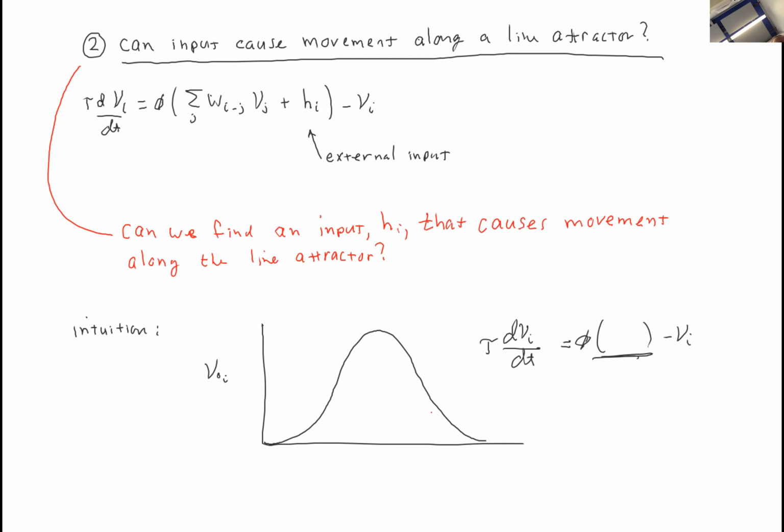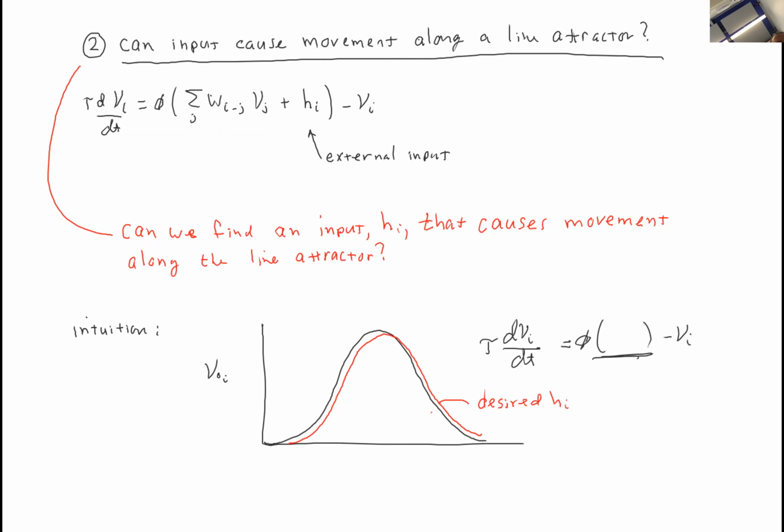The red curve is the effect of h_i, the desired h_i.